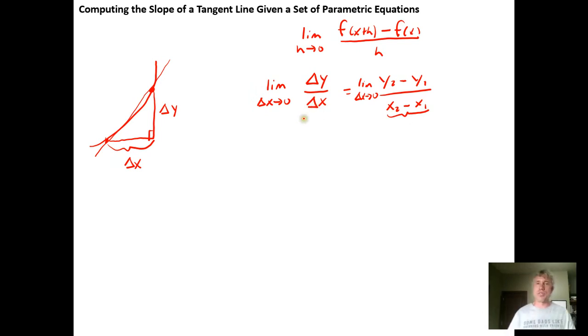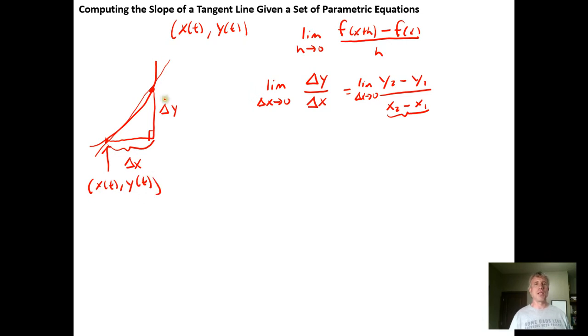So this up here is x2 minus x1, or delta x. The derivative is just the limit of the slope of the secant line as the delta x term goes to 0. So what you want to think about is what's going on if you've parameterized things. If you have parametric functions giving you the points on the graph, x of t, y of t, where x and y have both been parameterized, then the point at time t is the ordered pair x of t, y of t.